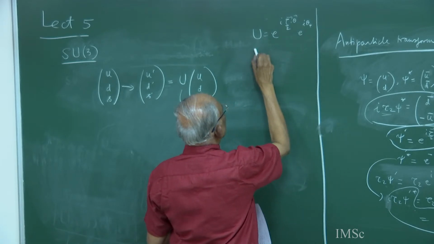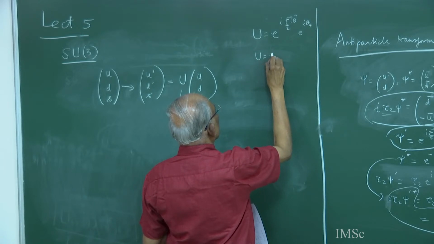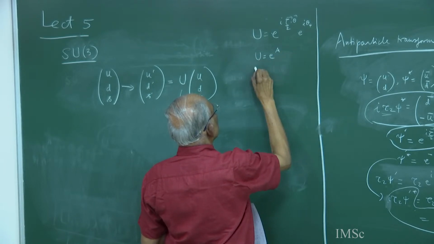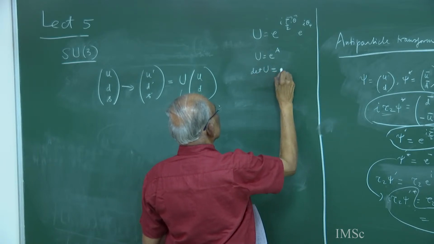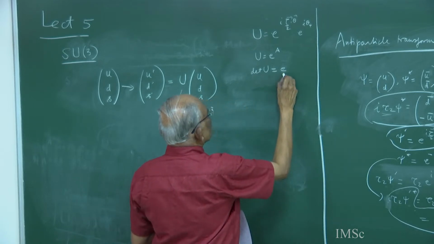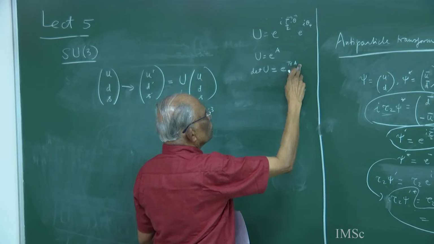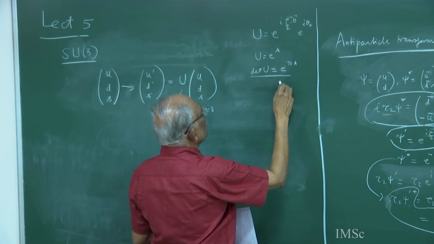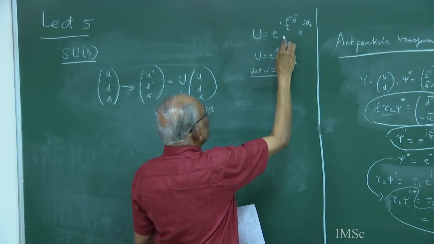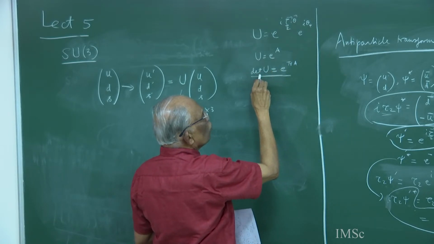Determinant of this, so I forgot to mention that if U is e power A, then determinant of U, please verify this, is exponential of trace of A. This is a theorem in matrix algebra. The diagonal sum is called trace. Unimodular means determinant U is 1.